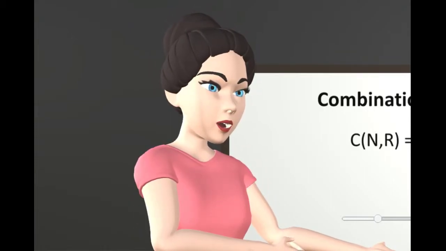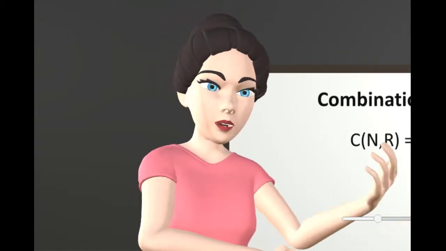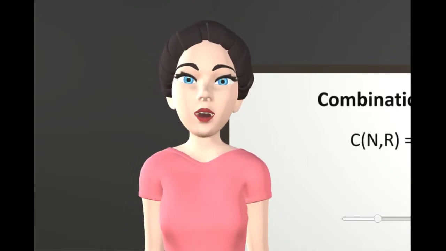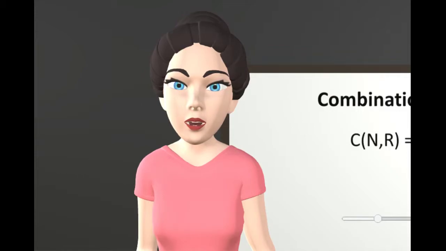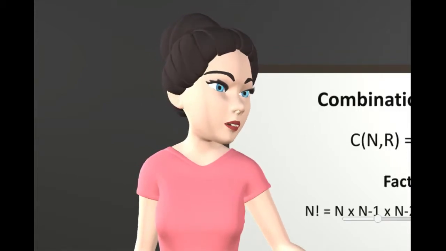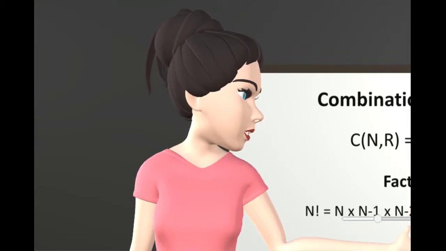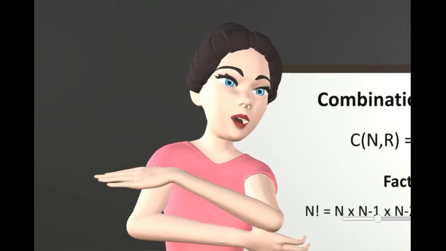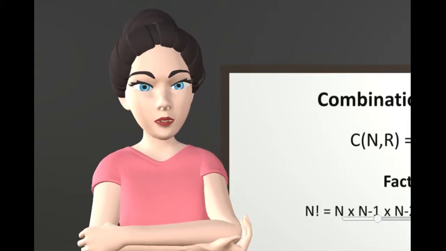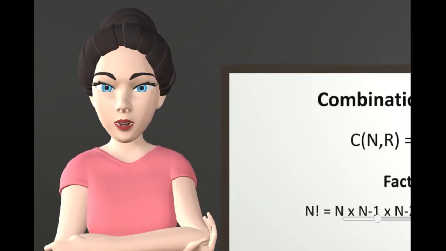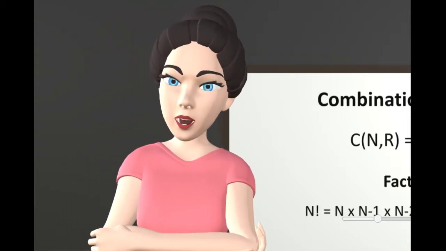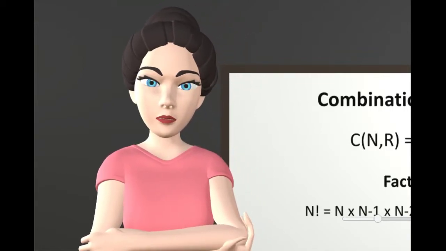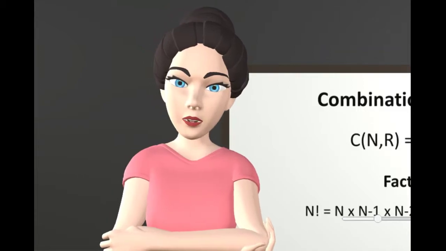This formula is n factorial divided by r factorial times n minus r factorial. This equation includes a factorial symbol indicated by an exclamation point. This factorial symbol means multiply the number before the exclamation mark times the number minus 1, then times the number minus 2, and so on down to 1.